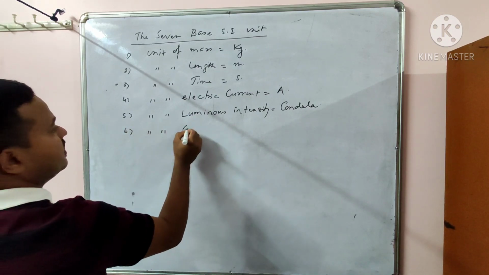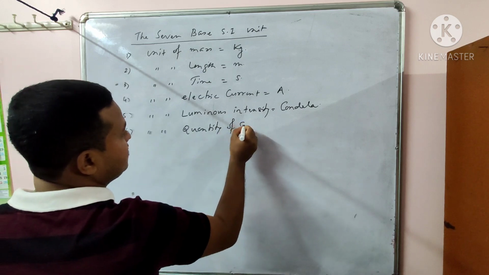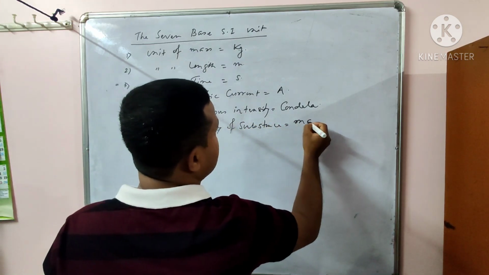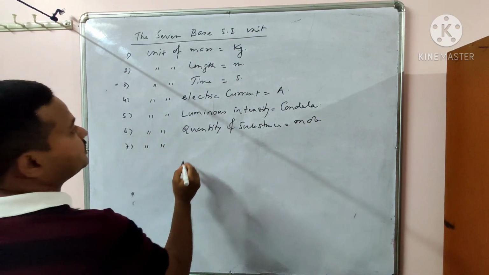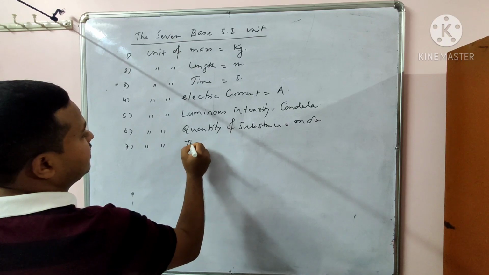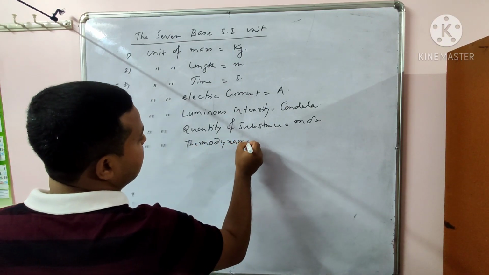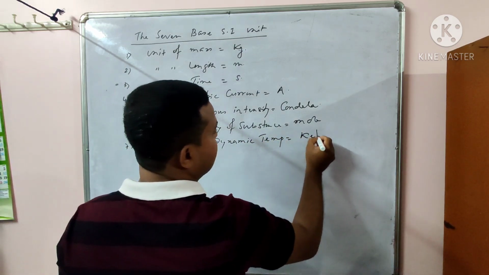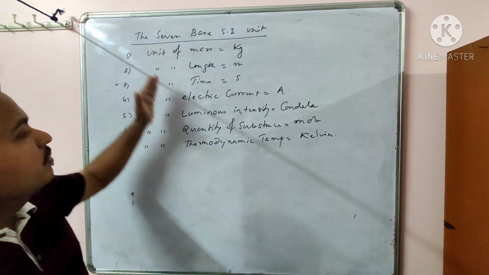Unit of quantity of substance, that is mole. And then unit of thermodynamic temperature, that is Kelvin. Okay, so these are the 7 base SI units.